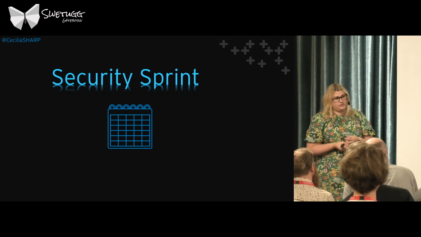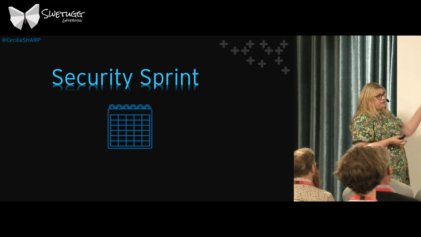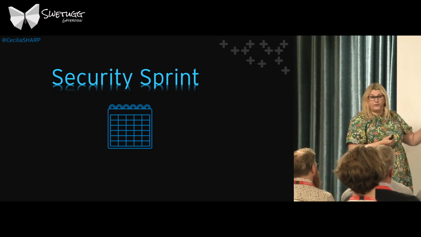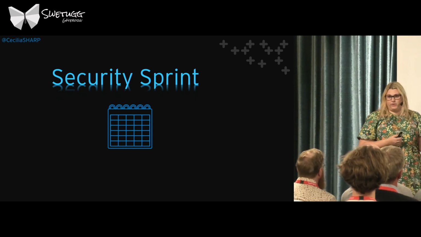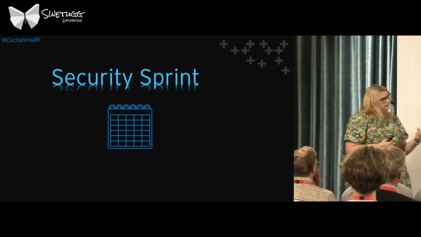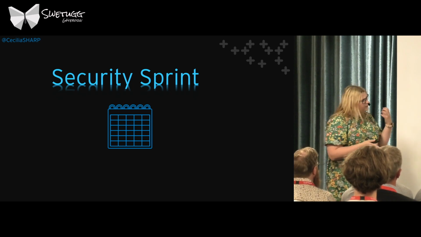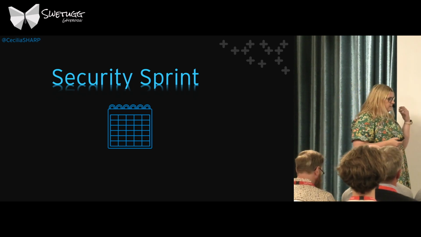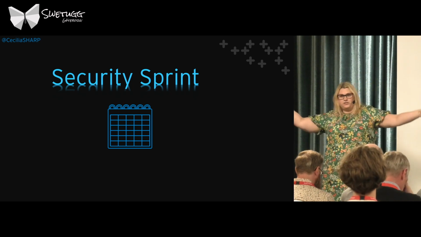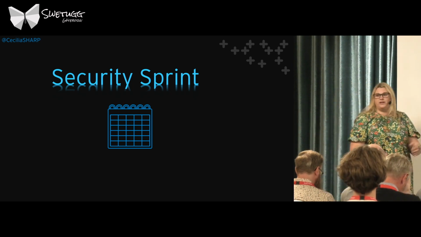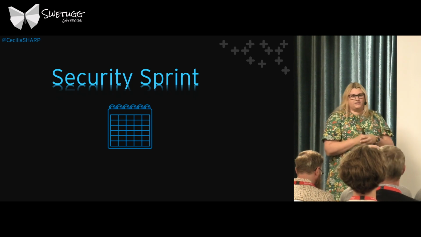In a security sprint, you could create abuser stories, trying to figure out what you can do to exploit the system and create the abuser stories for them. You could also involve everybody, like the product owner and the testers, and try to hack your system together and find things that you can do.